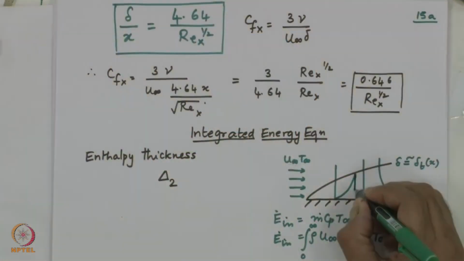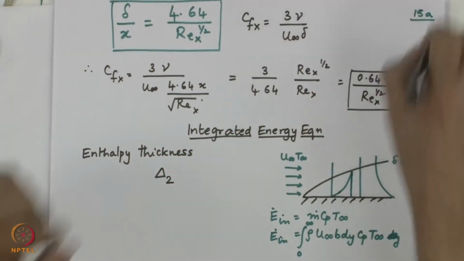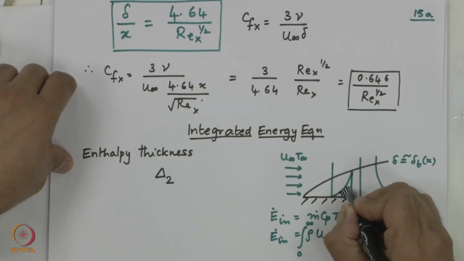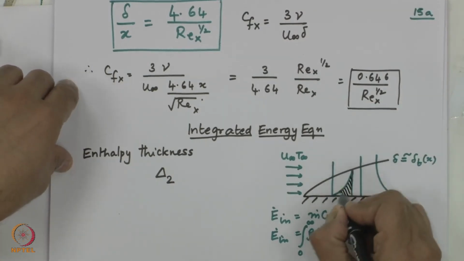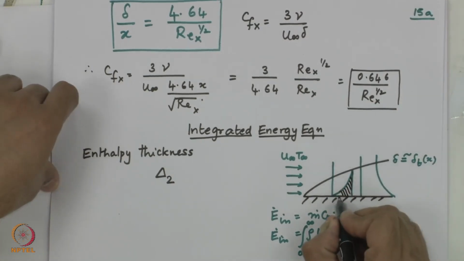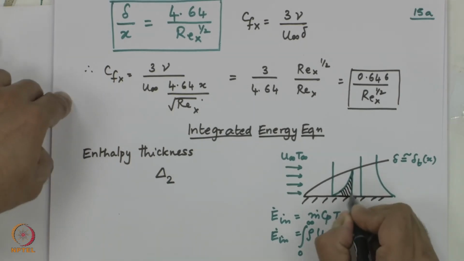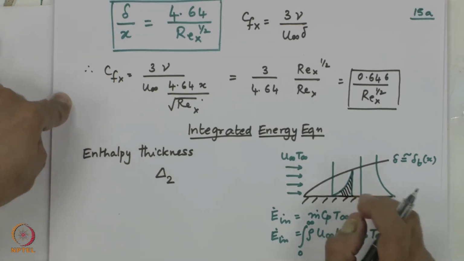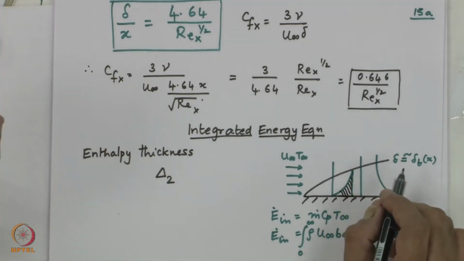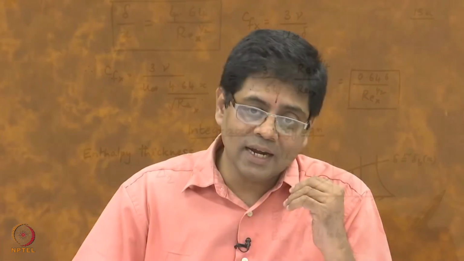Now, analogous to what was done for momentum thickness, the fluid, because it has a velocity different from the free stream velocity, varying in the y direction, resulted in a momentum deficit given by something like this. Therefore, we had to define a momentum thickness to account for that deficit, conservation of momentum.